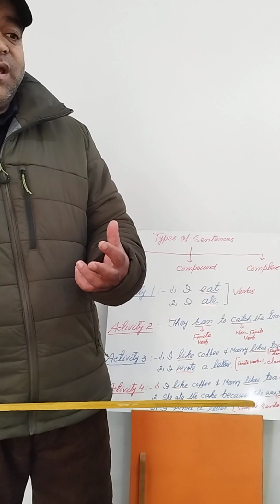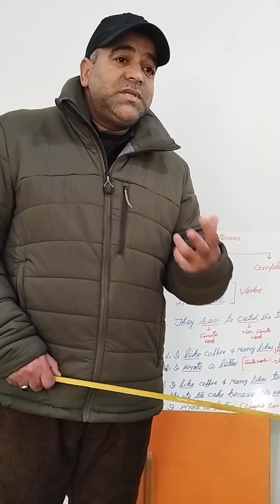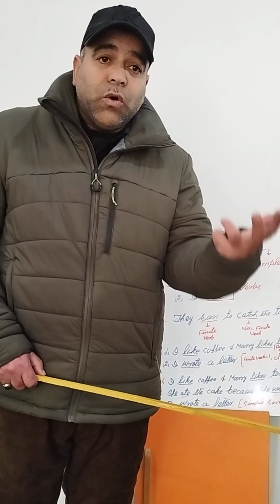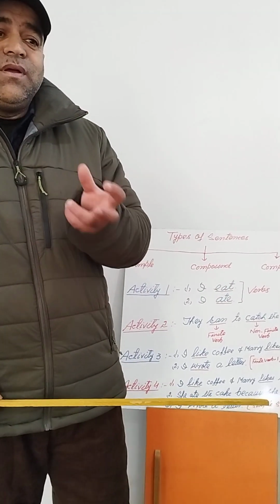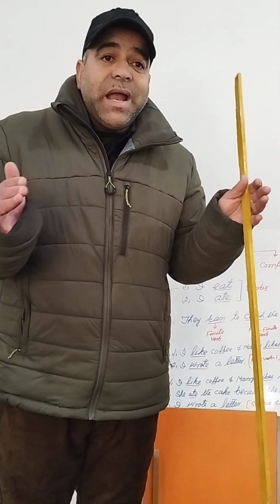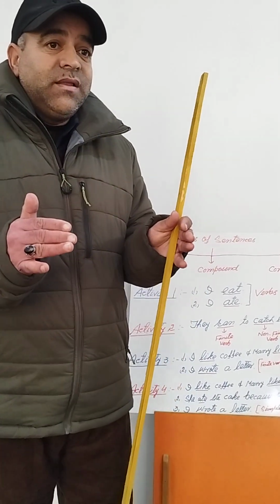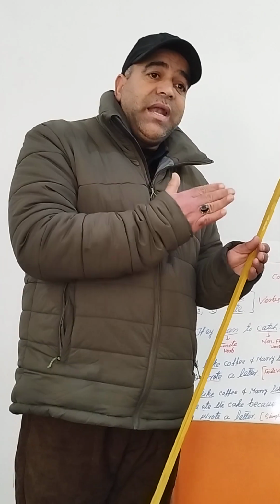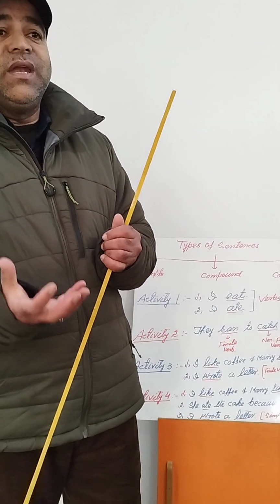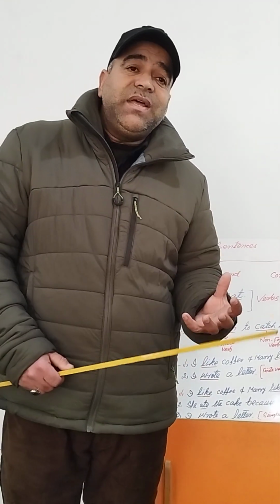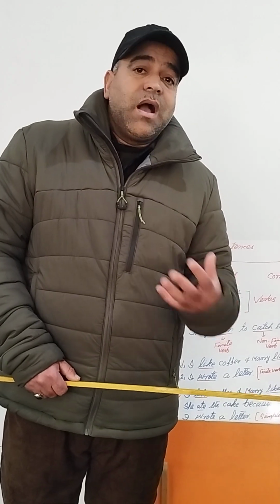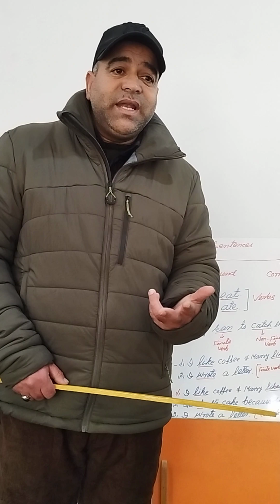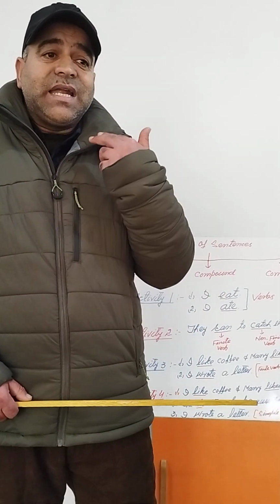Where they find that there are 2 finite verbs, that means that very sentence is composed of 2 clauses, and if both the clauses are independent, that means an independent clause is joined with an independent clause by means of a coordinating conjunction, that sentence is called a compound sentence. And if a sentence has 2 finite verbs, that means it has 2 clauses.